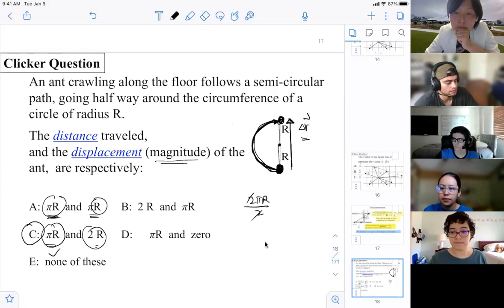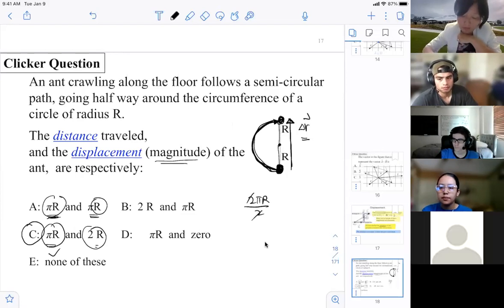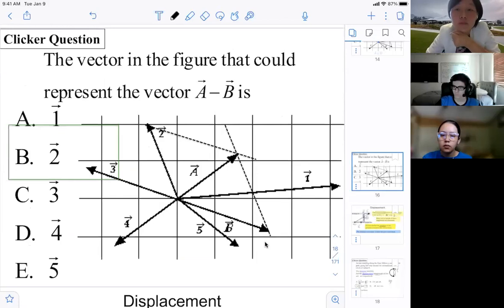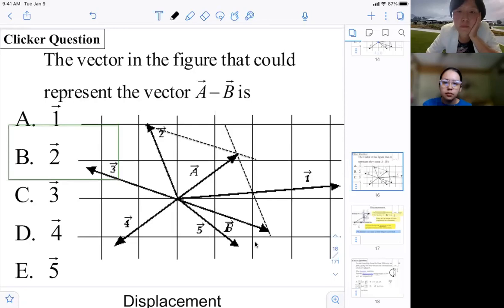Professor, I had a question. Yeah, go ahead. In regards to the vector clicker question, the one with the parallelogram and the dashed lines. Yes. So you said that we could rename vector A minus vector B as vector A plus negative vector B. Yes. And you said that the negative of vector B is in the opposite direction, so would that be vector 3?